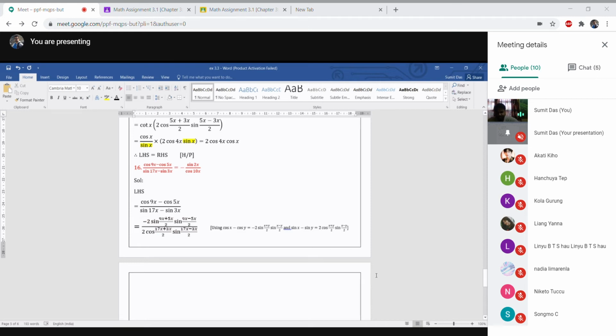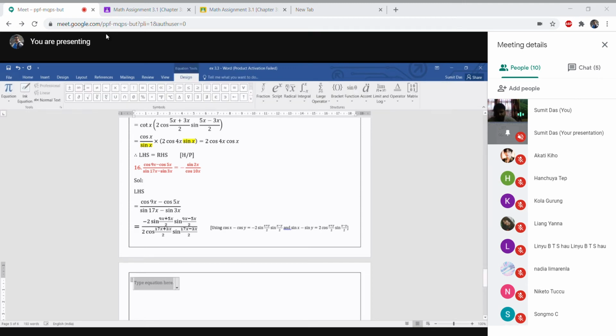Fine. So next line, in the numerator it will be minus 2 sine of (9x plus 5x), which is 14x, divided by 2 will be 7x.